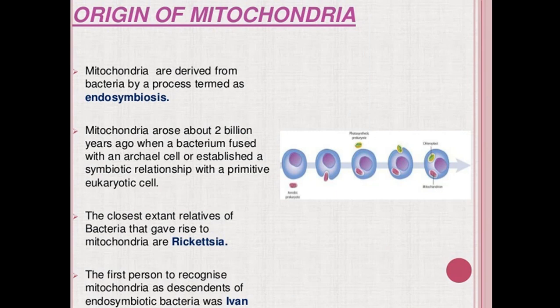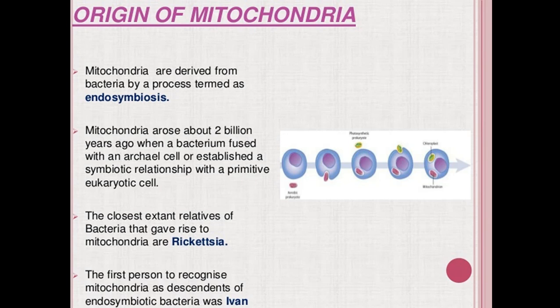fused with a primitive cell, that is the archaeal cell. This bacteria and the archaeal cell must have developed some symbiotic relationship with a very primitive eukaryotic cell. As a result of this, the mitochondria must have been formed.